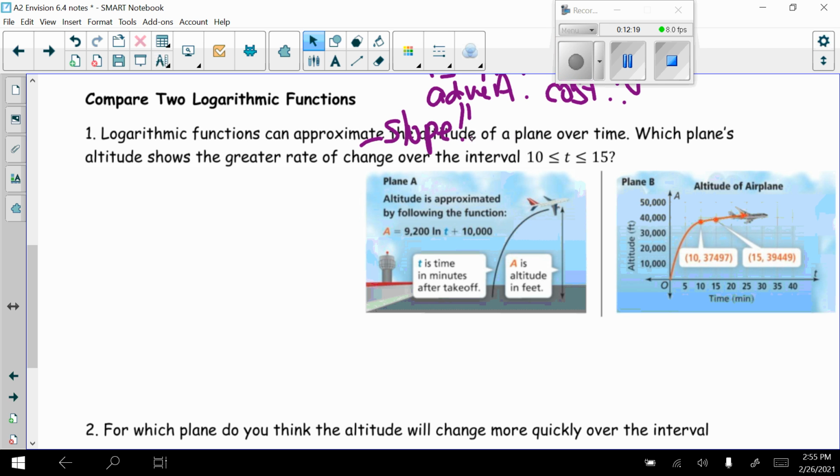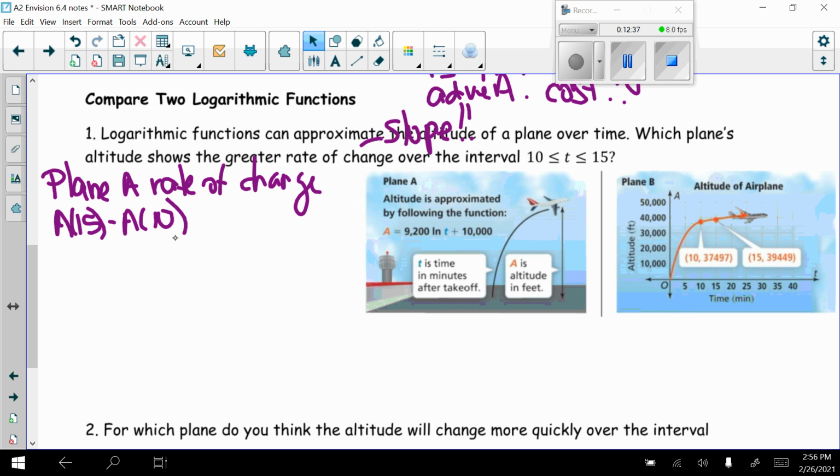For plane A, we will find the altitude A of 15 minus A of 10 over 15 minus 10, because this is y2 minus y1 over x2 minus x1.